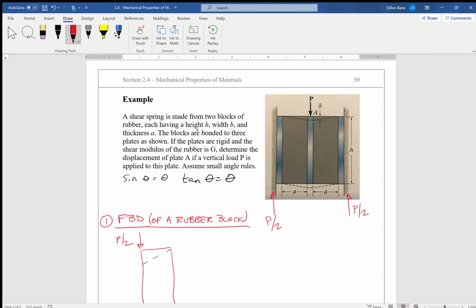So, acting along this plane right here is P over 2, and acting along this plane right here is P over 2. Each of these rubber blocks takes a couple force of P over 2.